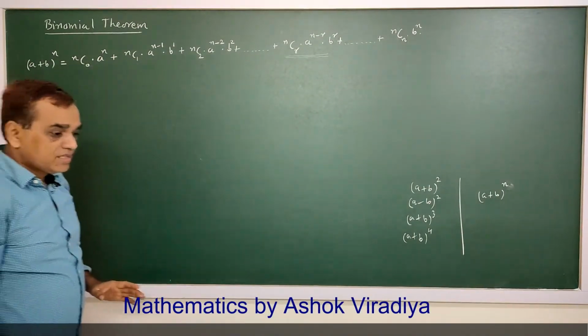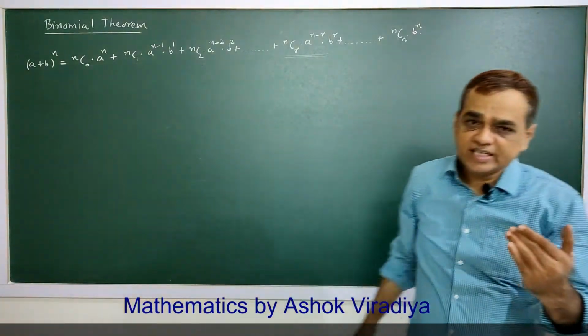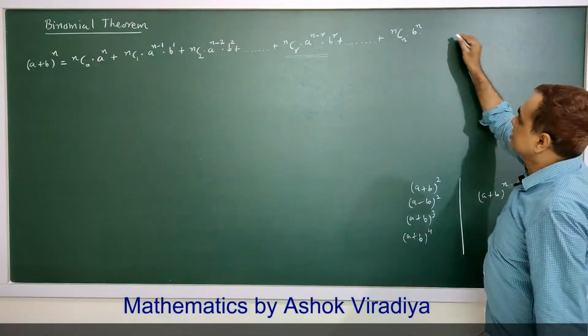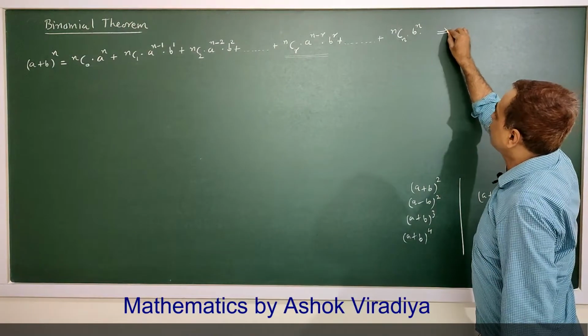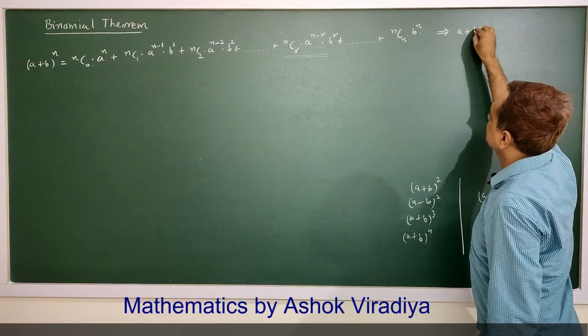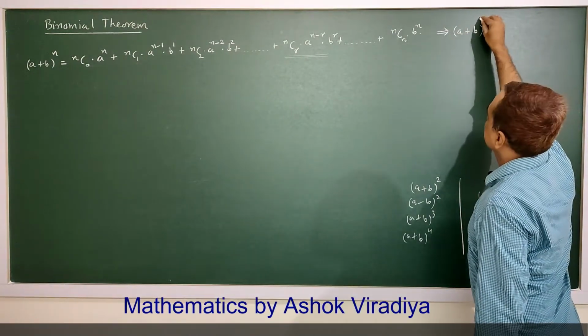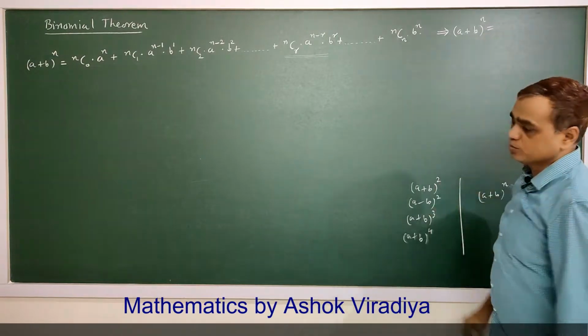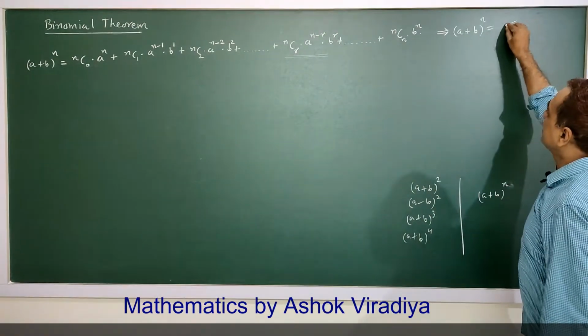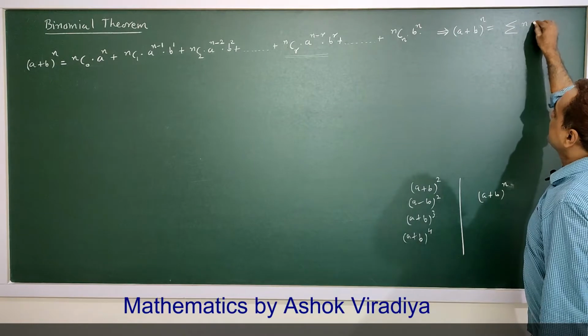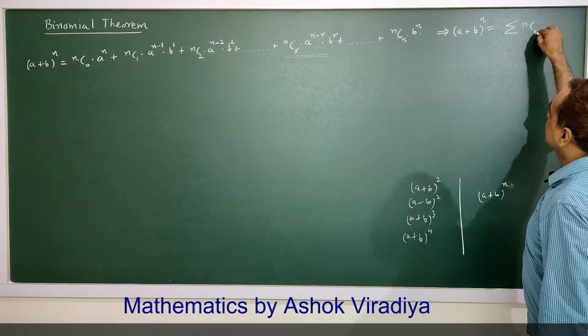In short, this can be written as (a plus b) raised to n is equal to sigma nCk.